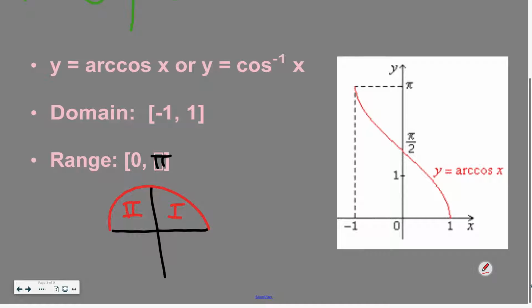So cosine is kind of the oddball, but it's also kind of nice because we don't have to think about negative angles. So, for example, if I asked you for the inverse cosine of radical 2 over 2, I'm asking you which angle has a cosine ratio of radical 2 over 2. What would you tell me?